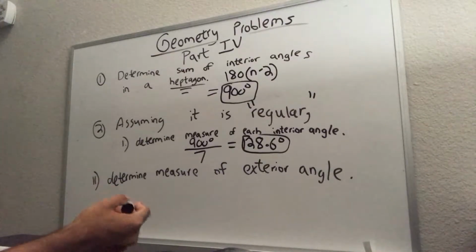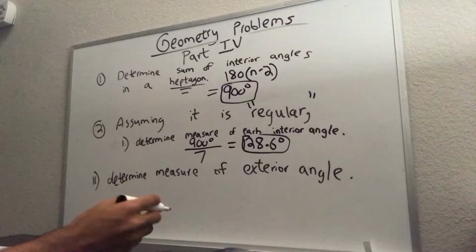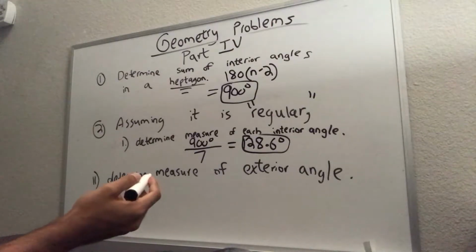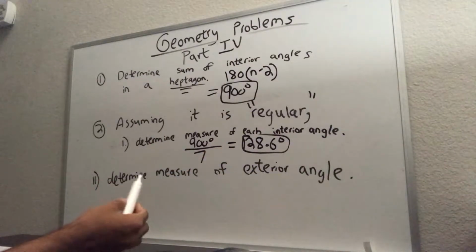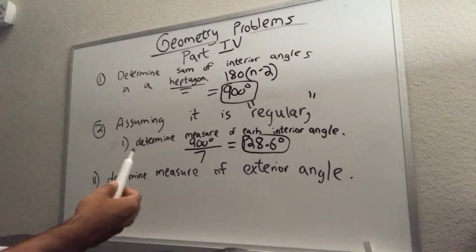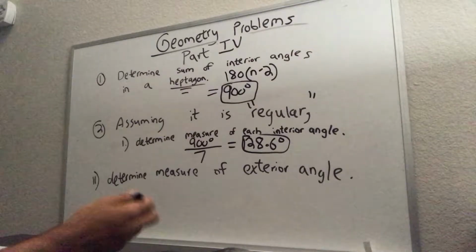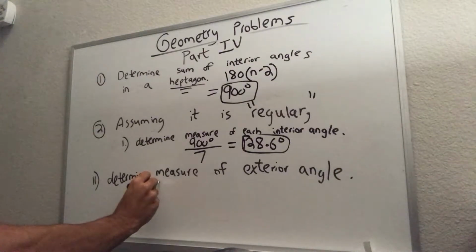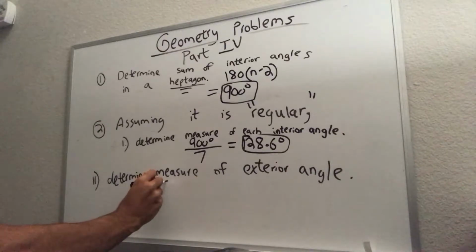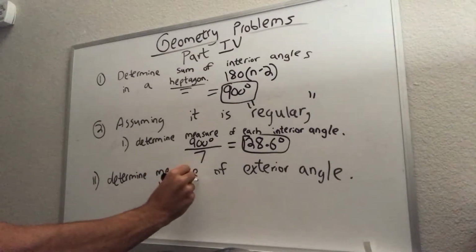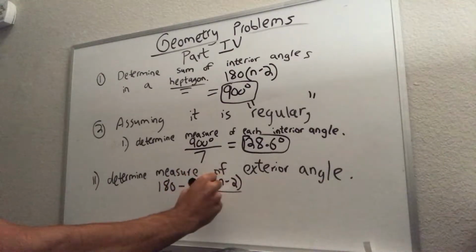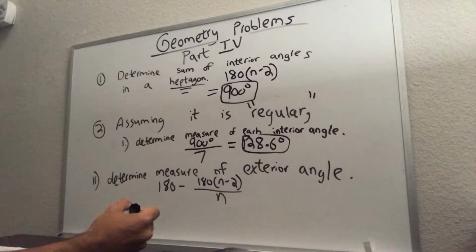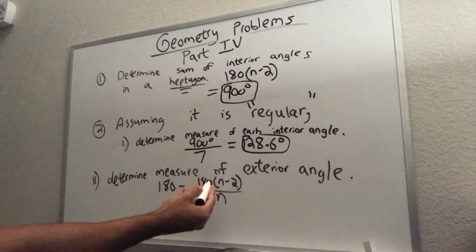And now for part 2, it says determine the measure of each exterior angle. Technically we can determine this by subtracting this value from 180 degrees, because the sum of the interior angle and the exterior angle for a particular shape always adds up to 180 degrees. The formula that I had earlier shown to determine the exterior angle is 180 minus 180 times n minus 2 divided by n, assuming that the polygon is regular, because n minus 2 times 180 gives us the sum of the interior angles.